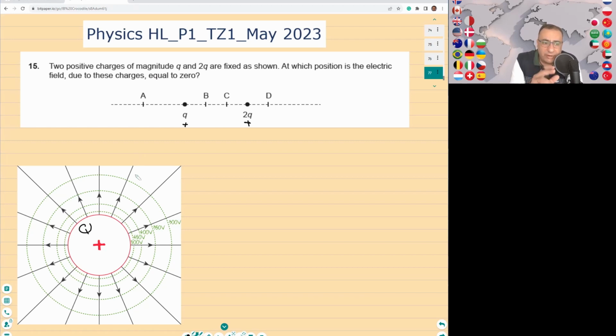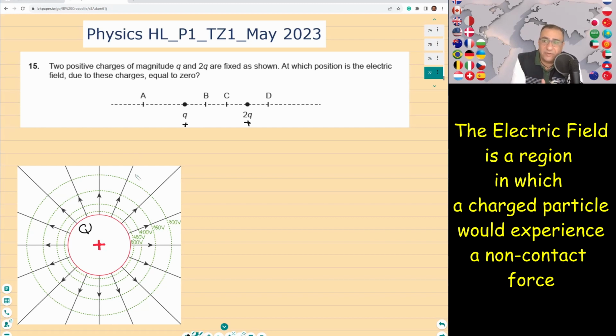So the region around the charge where a small test charge would experience a non-contact force is called electric field. That's it. But electric field strength is the physical property that describes this electric field.